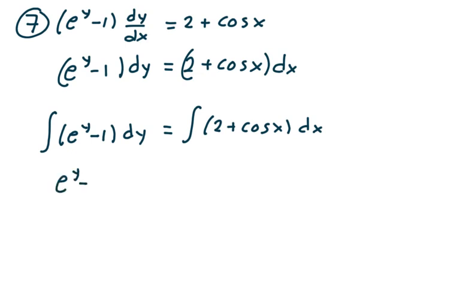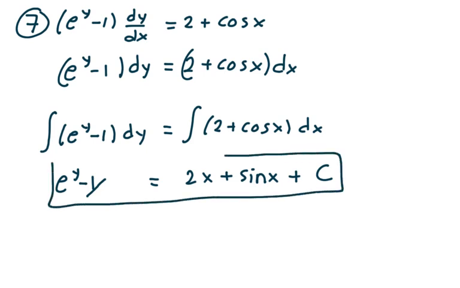So e to the y minus y is equal to 2x plus sine of x plus c. And we're not going to solve for y in terms of x for this one. This is as far as we're going to be able to go. And that would be a sufficient answer for me. So that's how we do problem 7.